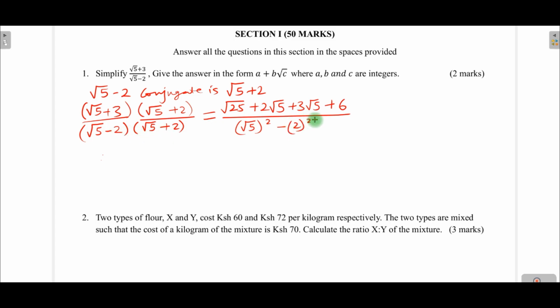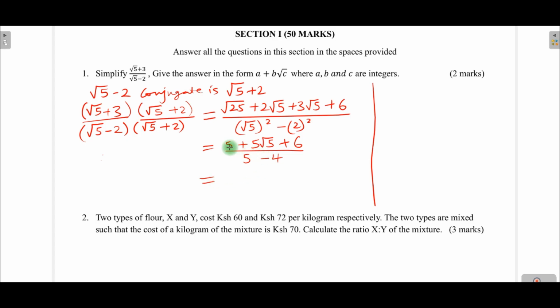That is a difference between two squares, and therefore here square root of 25 is 5, then plus 2 root 5 plus 3 root 5, that is 5 root 5, then plus 6, all over. So root 5 squared we get 5, then minus 2 squared we get minus 4.